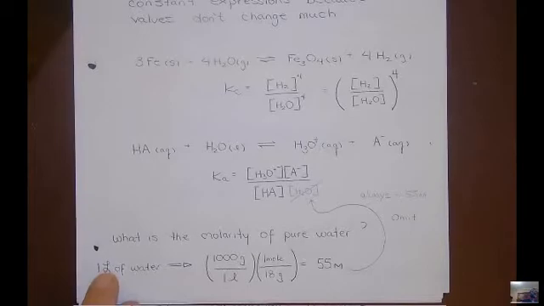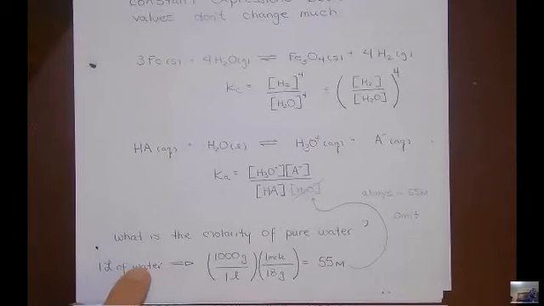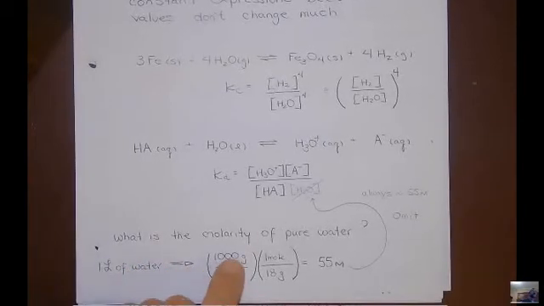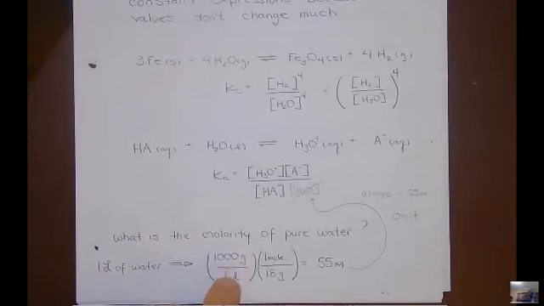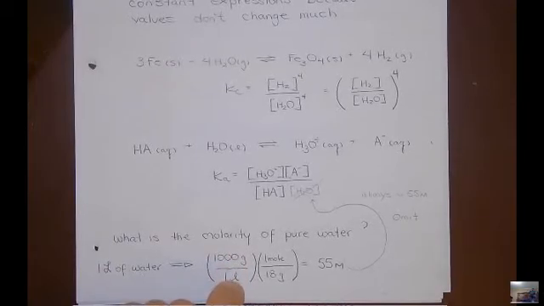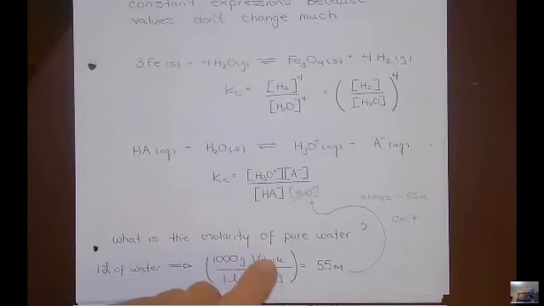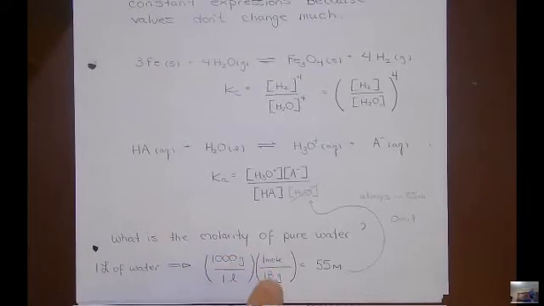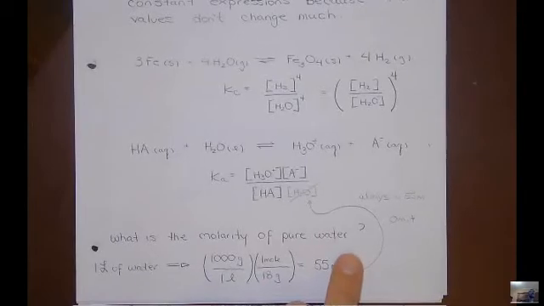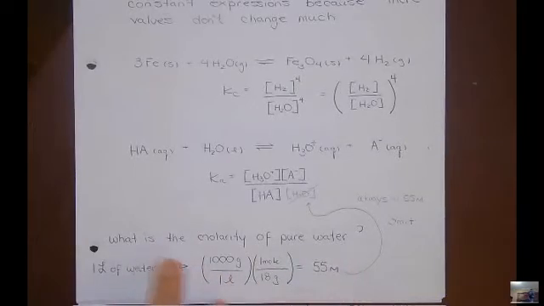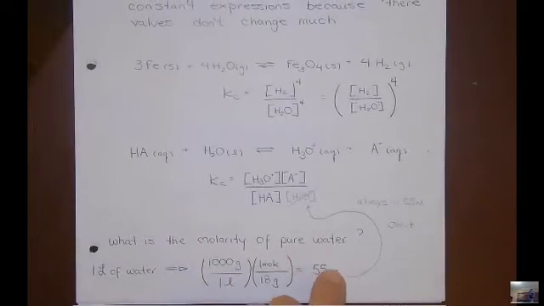Well, 1 liter of water has a density of 1 gram per milliliter, so a liter of water has a mass of 1,000 grams. If I have 1,000 grams of water, how many moles is that? Well, I divide by water's molar mass. So 1,000 divided by 18 gives me 55 moles of water in 1 liter of water. That makes the solution 55 molar.